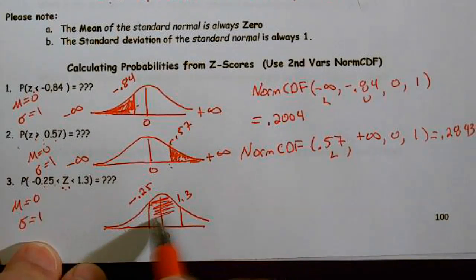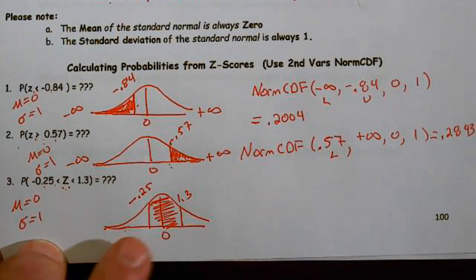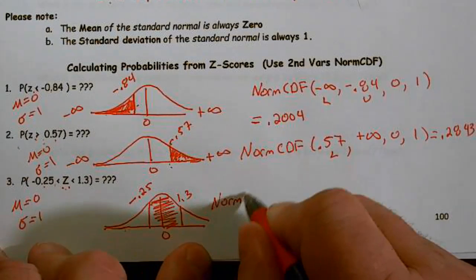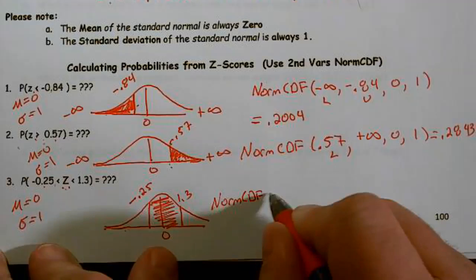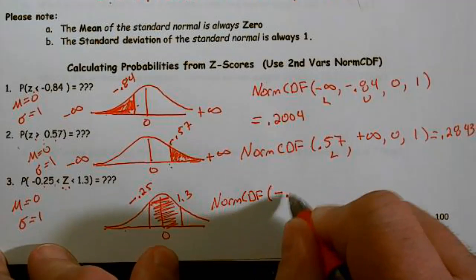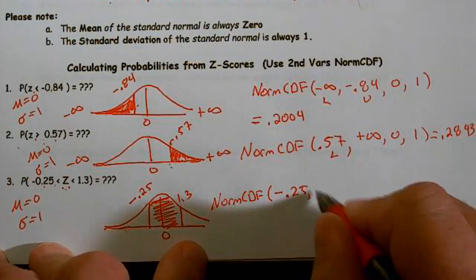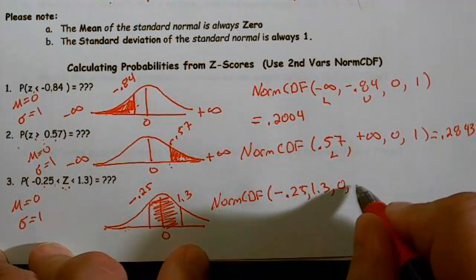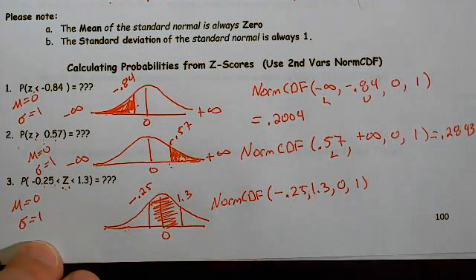So they're looking for this area right here. So once again, normal CDF, lower is negative 0.25, upper is 1.3, mean is 0, standard deviation is 1.